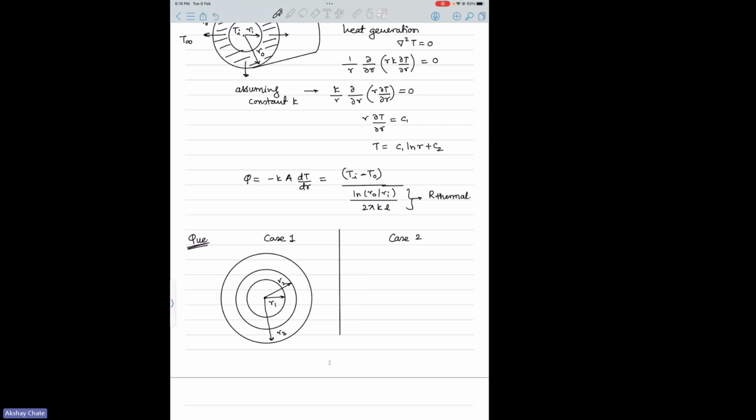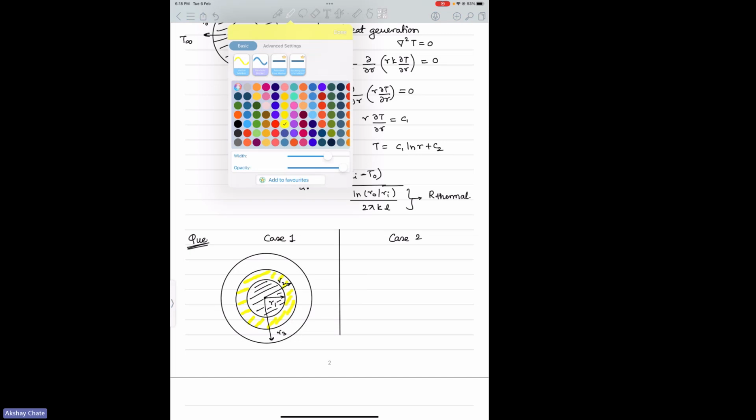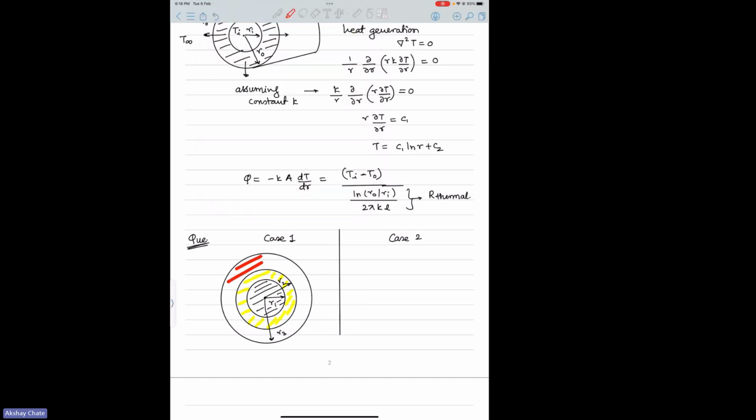So basically this is your pipe or inner rod or something like that, and then you'll have an option of insulating it, but there are two cases. So the yellow represents one insulation material, and then the red represents another insulation material that is available.